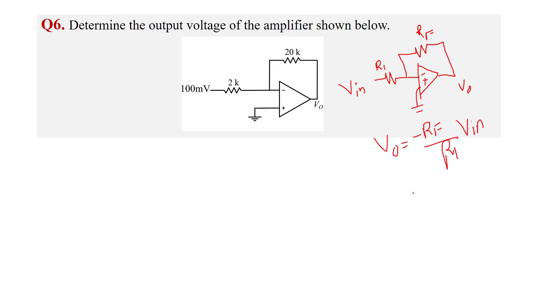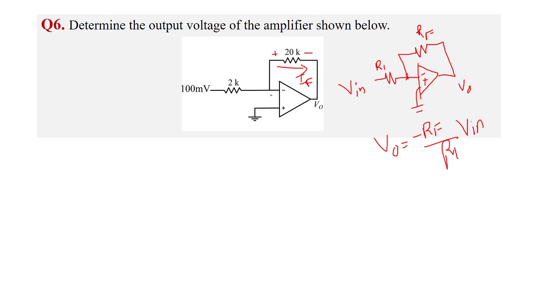So anyway, this is the output, V0 equals minus RF by R1 into Vin. So how do we find this? We find the current flowing through the feedback. If this is the current flowing through the feedback, say IF, it is flowing in this direction, this plus, this minus. So what is V0? This is the voltage across this resistor, right?